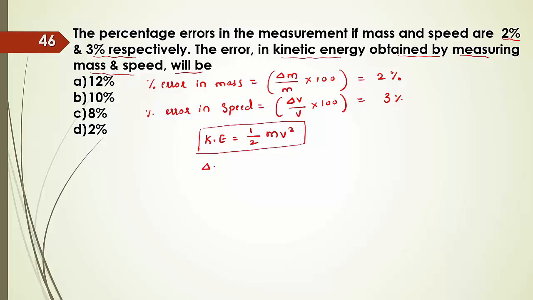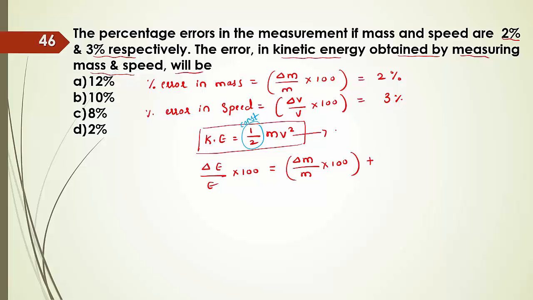So we have to find error in kinetic energy. We can write delta E over E into 100 is equal to 1 by 2, which is constant, so leave it. Remaining is mv square. M means error in mass, delta m over m into 100, plus v square.